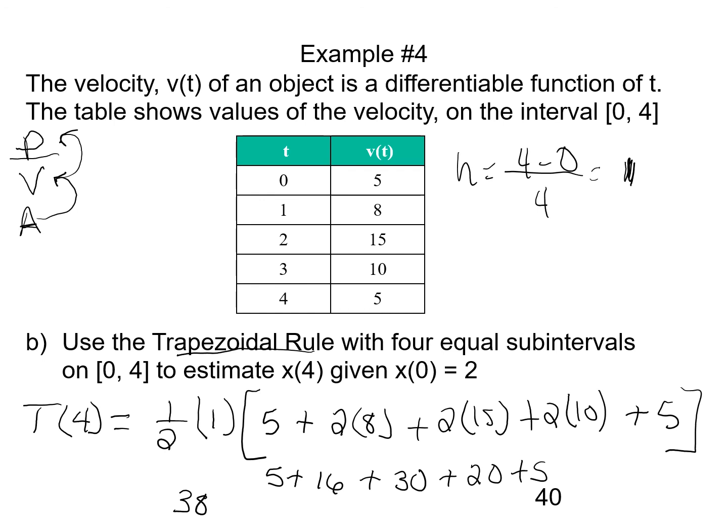But 38 is not my answer because I started at x of 0 is equal to 2. I have to add that 2. So my answer is x of 4 is equal to 40. And some of this will make sense after we teach PVA. But I just wanted to show you a trapezoidal rule.